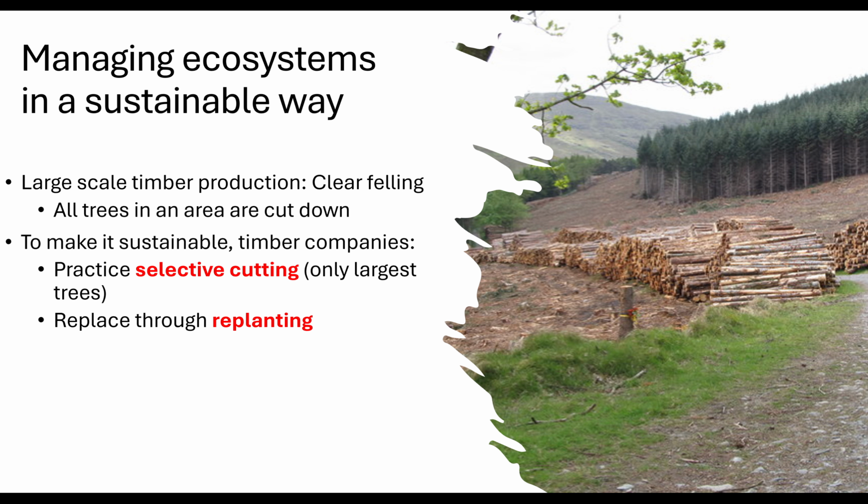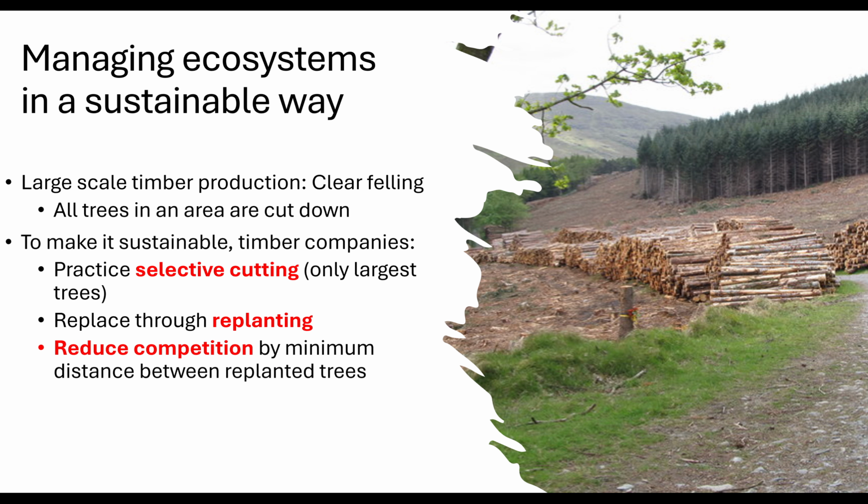With the growing human population, we need these resources. So we have to find ways that balance the needs of the humans, but also the needs of the ecosystem. We can reduce competition between the trees by ensuring that there's a minimum distance between those replanted trees.